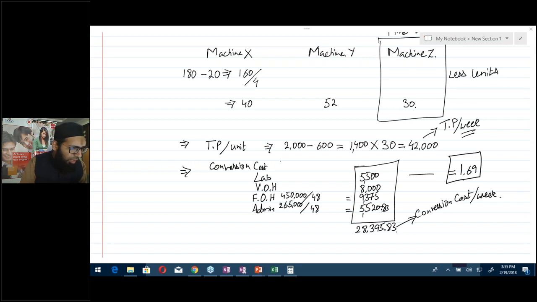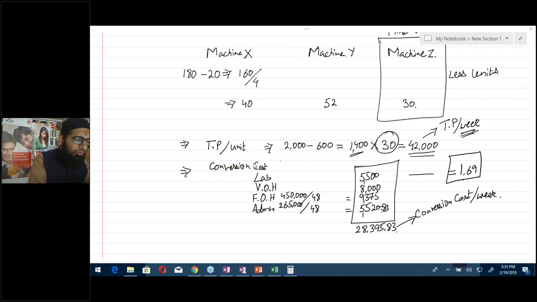The other question is, why did you multiply the 1400 by 30? This is because I am calculating on a per week basis. So this is throughput per unit. Now I can produce 30 units in a whole week. That means in my complete week, my total throughput will be 42,000.